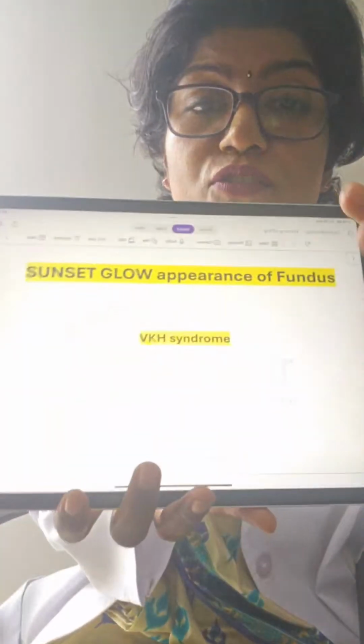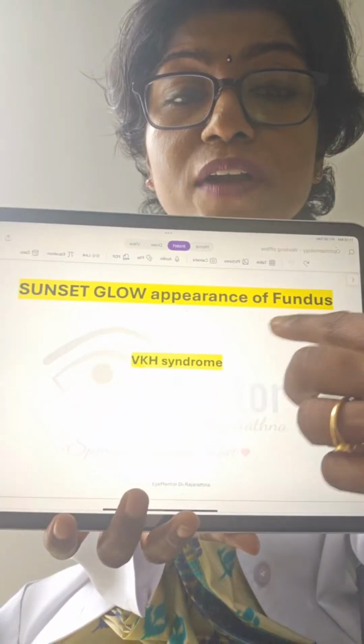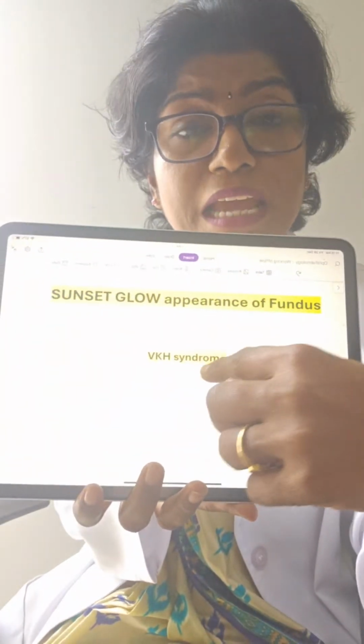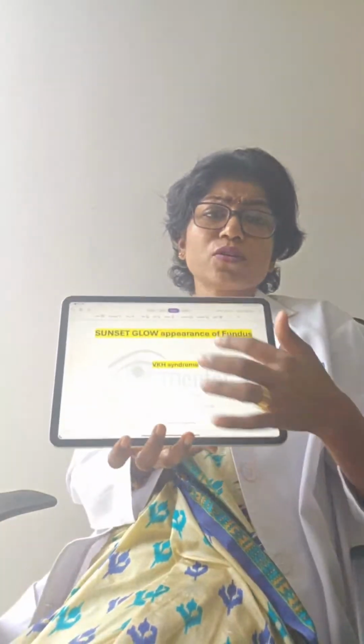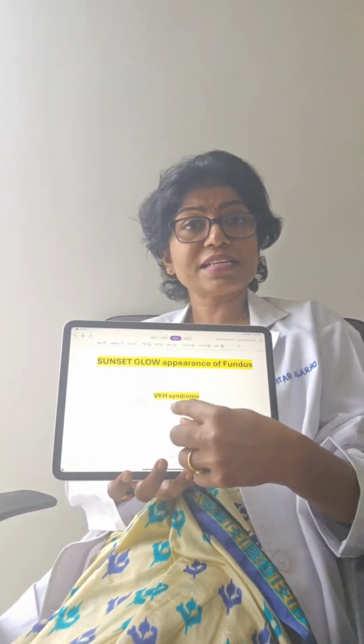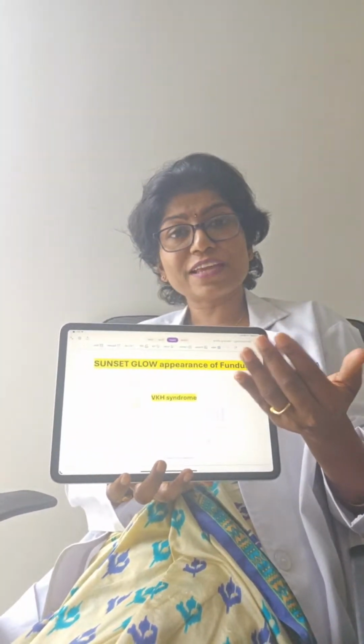So the question here was about evisceration is contraindicated in, it is contraindicated in choroidal melanoma. Then sunset glow fundus. See, sunset glow fundus is seen in your favorite syndrome, VKH syndrome. Okay, so sunset glow appearance of the fundus is seen in Vogt-Koyanagi-Harada syndrome. It is seen in the convalescent phase. So there are various phases in VKH syndrome. So this sunset glow appearance of the fundus is seen in the convalescent phase or the healing phase of VKH syndrome.